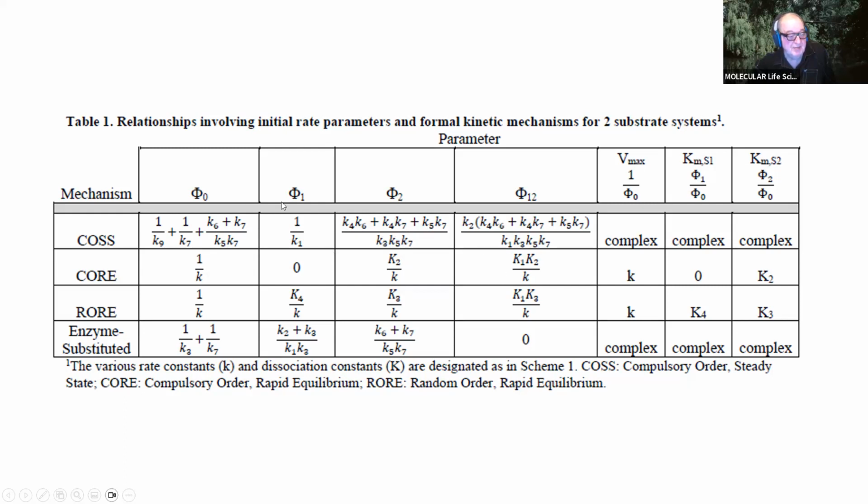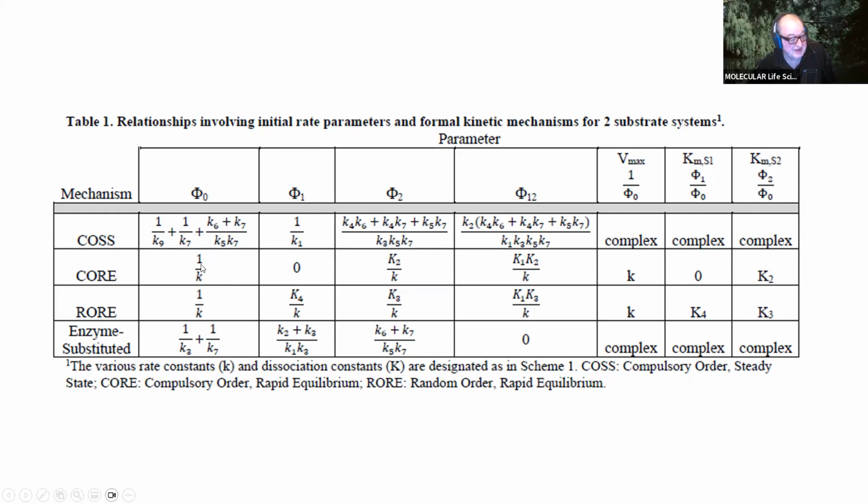And because these are related to the slopes and intercepts, they're obviously related to the Vmax and Km. So Vmax, the true Vmax, is simply 1 over phi 0. And you can see, depending upon the kinetic mechanism, it's either a complex set of rate constants or it's a simple single rate constant.